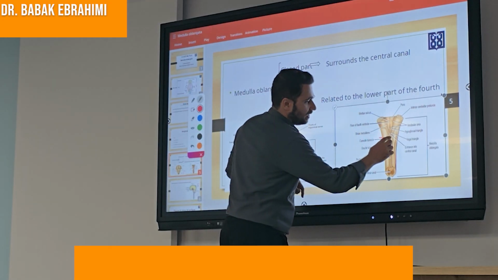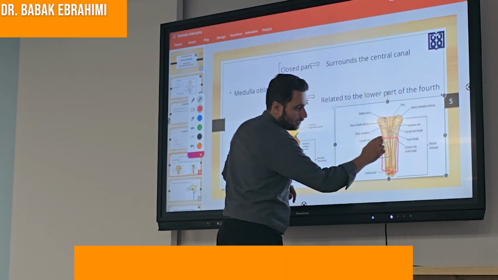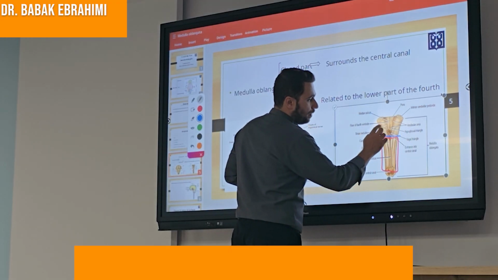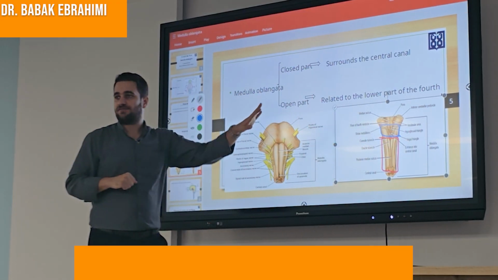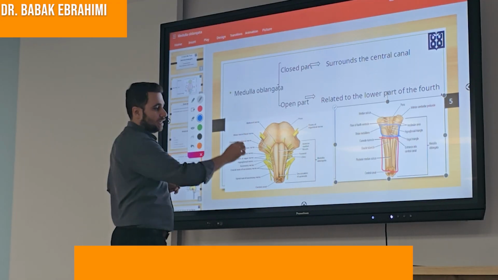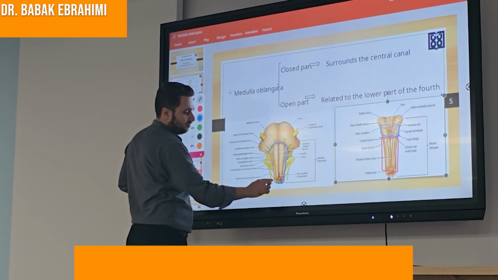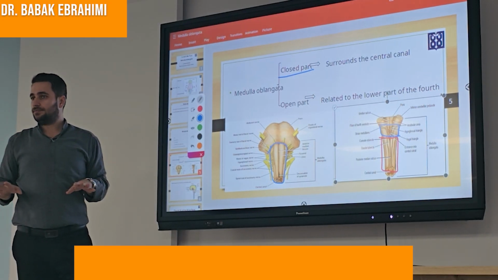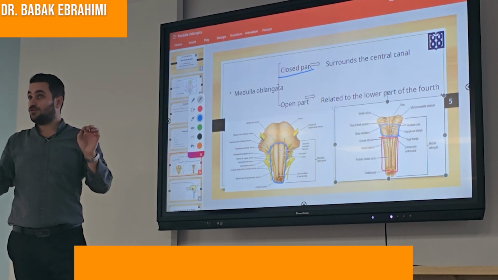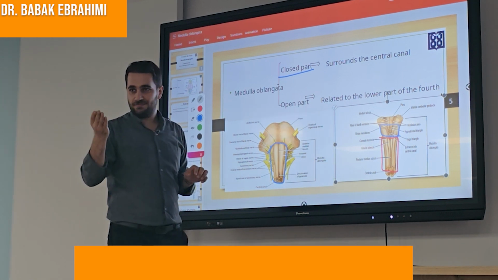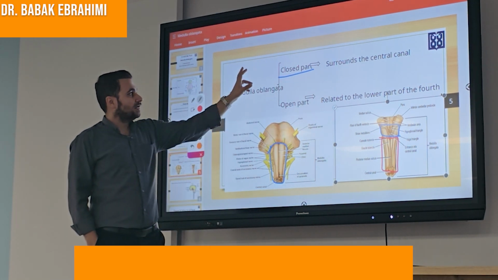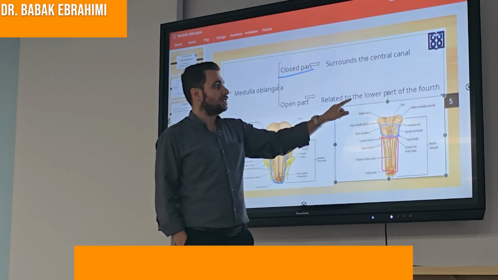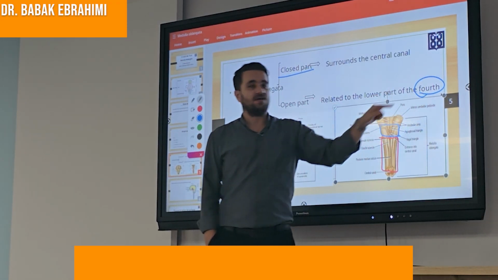In the posterior view of the medulla oblongata, we have both open and closed parts, but in the anterior view, we just have a closed part. Understand? If you have a question, ask. Don't be shy. The open part is located in the posterior view and related to the fourth ventricle.